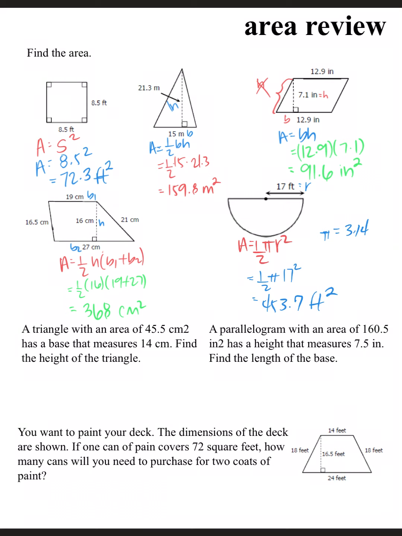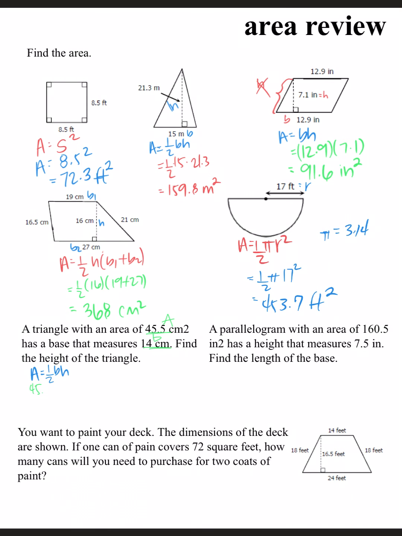So we've got a triangle, so I'm going to go ahead and write 1/2 base times height. So let's label our information in our word problem. A triangle has an area, so this is our area, 45.5 centimeters squared. Has a base that measures 14. Find the height. So all I'm going to do is plug these into my formula and solve for my unknown variable.